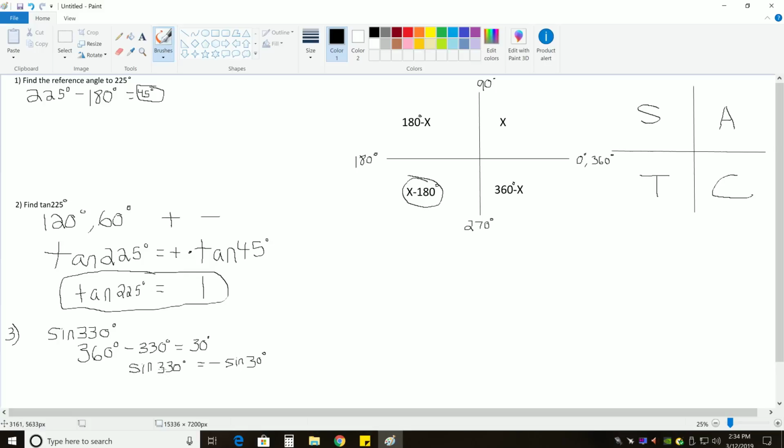So sine of 330 degrees is equal to the negative sine of 30 degrees. And again, if you've started working with your unit circle, hopefully you know that sine of 30 degrees is equal to 1/2, so we get negative 1/2. And that is equal to sine of 330 degrees.